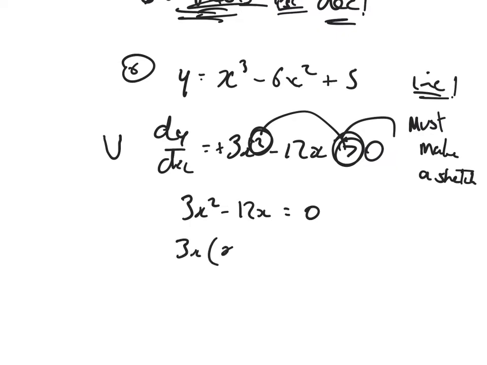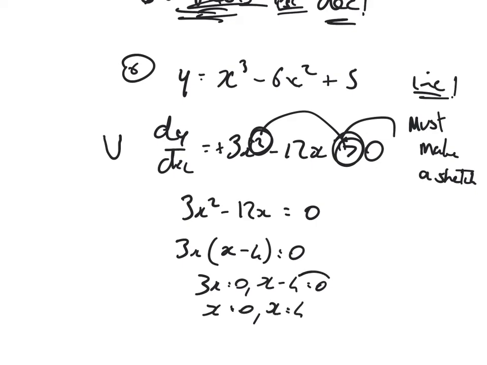So that will be 3x bracket x minus 4 is equal to 0. 3x equals 0, x minus 4 is equal to 0, and x equals 0, x equals 4. Okay, so I can now sketch this out, and I've got a root at 0 and 4, and the curve will look like that.